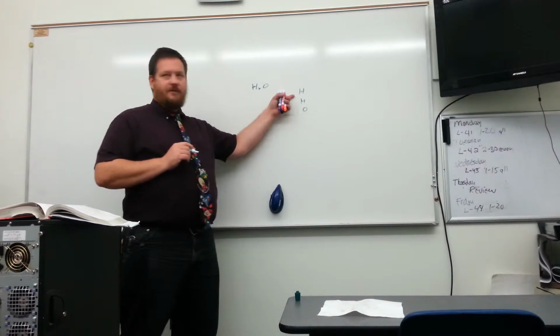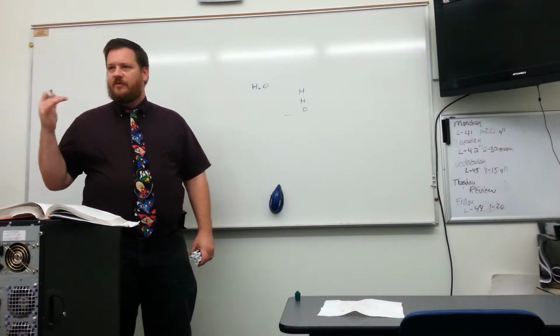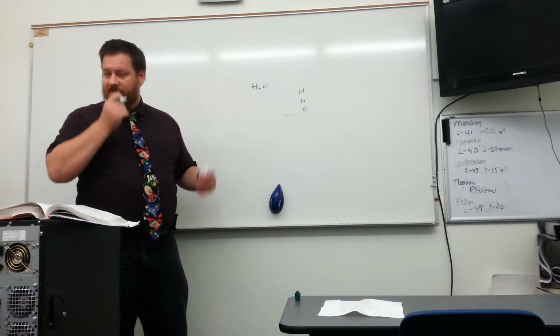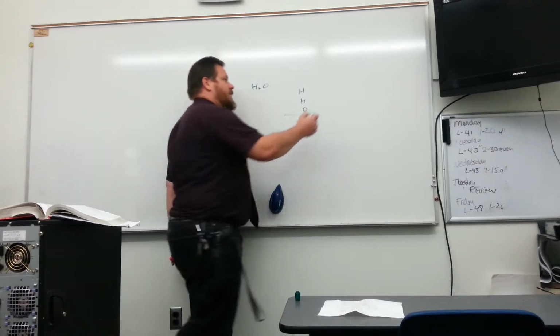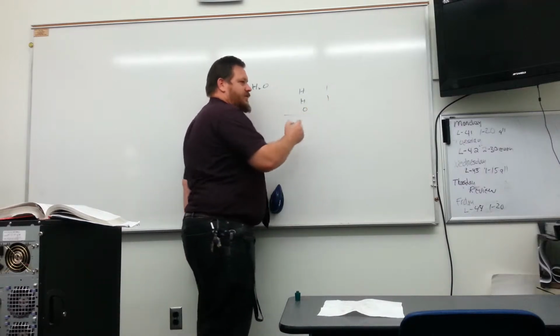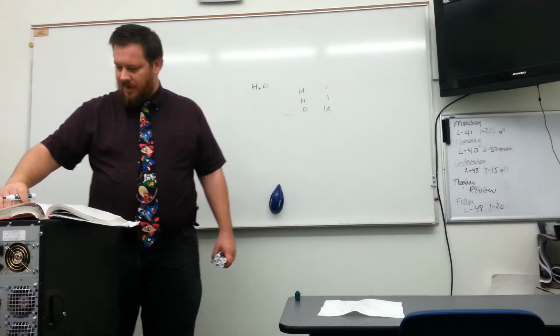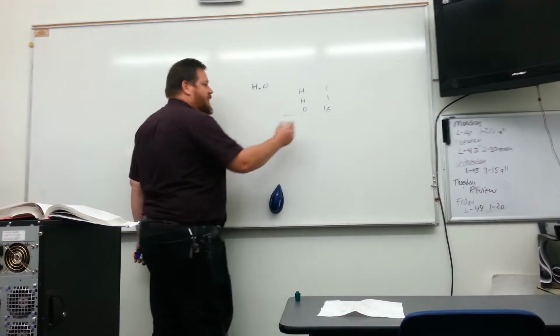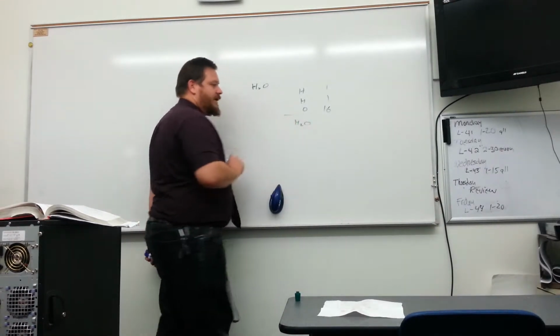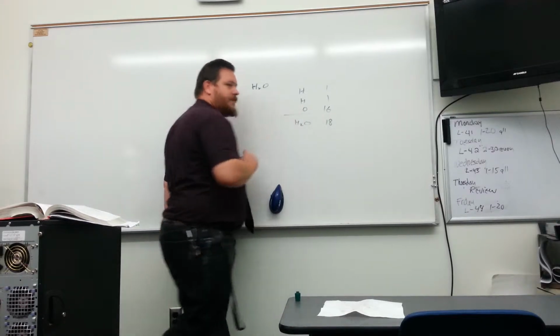So even though the mass of hydrogen is like 1.0 something, for purposes of this being a math class, not a science class, we're just going to say that a hydrogen atom has a mass of 1, and oxygen has a mass of 16 instead of 16 point whatever it is in real life. So that means that a water molecule has a total molecular weight of 18.